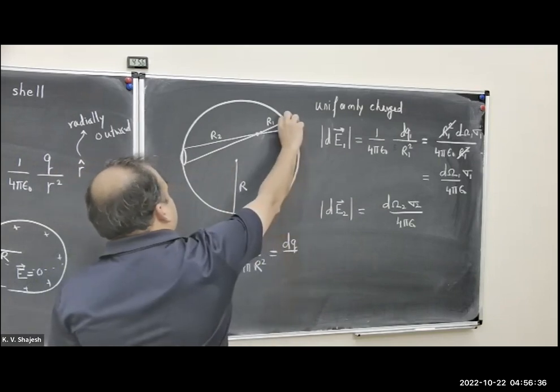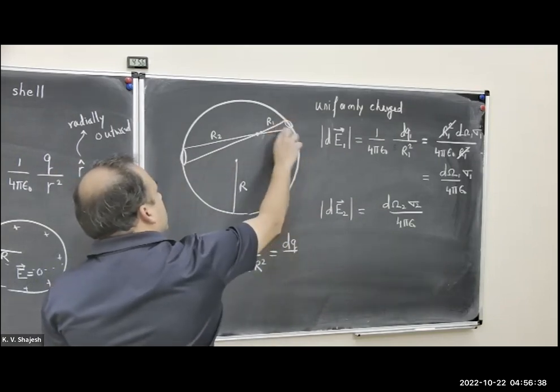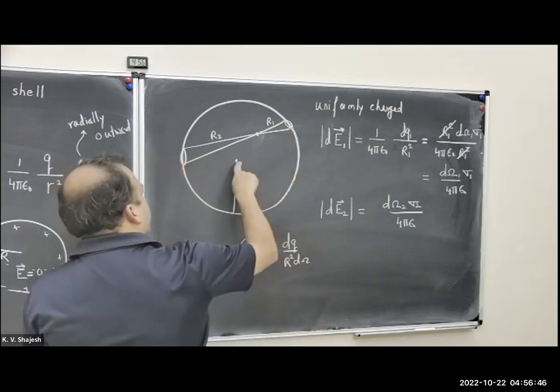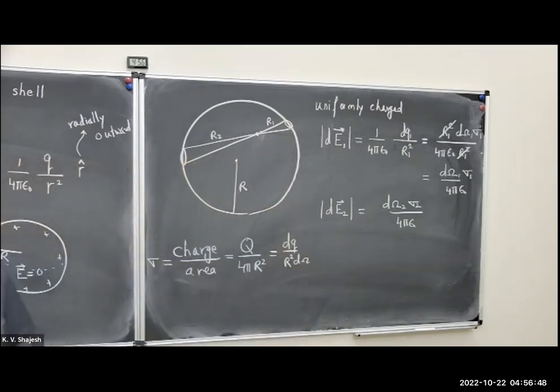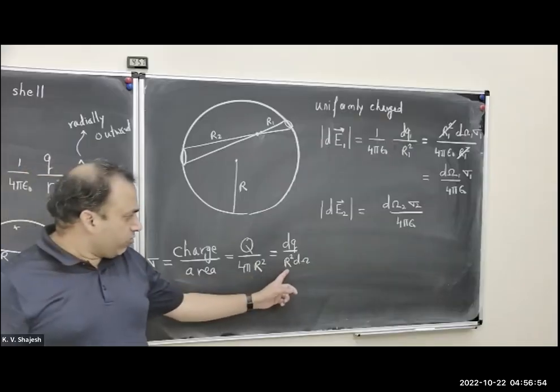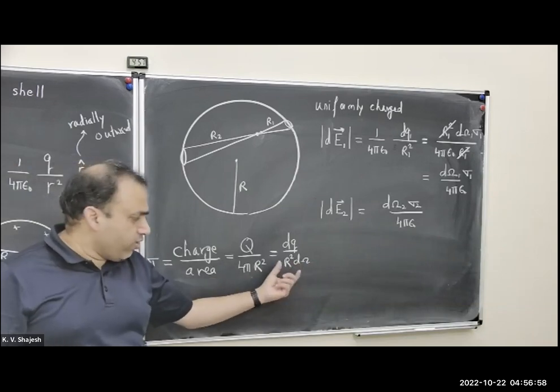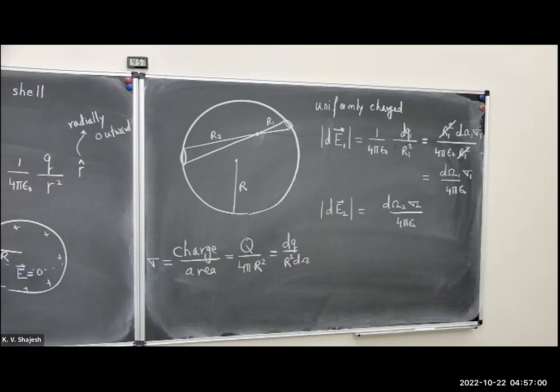The area here is the cone that is formed, which is r square times d omega. From this perspective that's what it is, but with respect to the other side it is the same idea. So it is r square times d omega for any cone; that's the area formed by a particular cone.